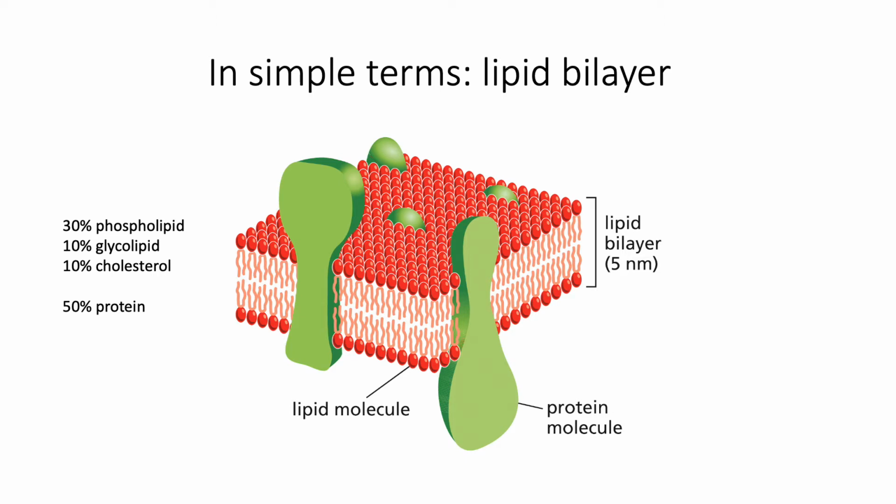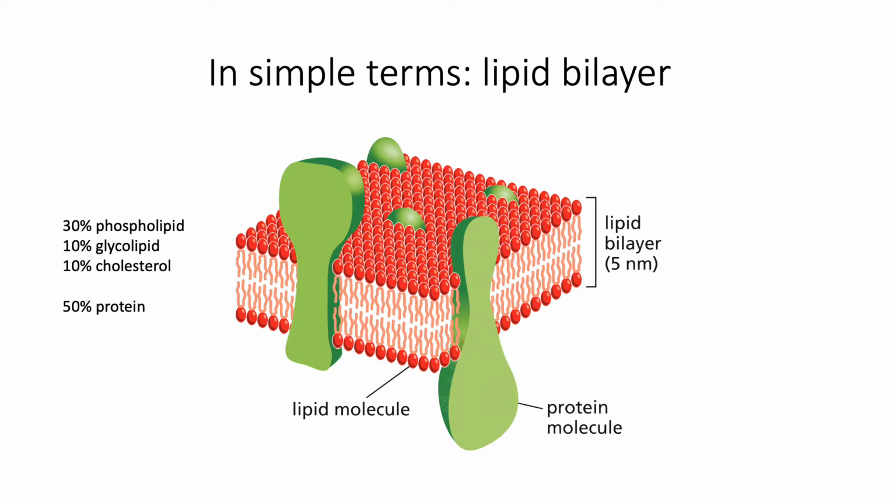So this is just a simple presentation of a lipid bilayer membrane. And of course the lipids are amphipathic, and so the polar region is exposed to basically aqueous solution or water-based solution, which would be the exterior of the cell, the interior of the cell, the cytoplasm.